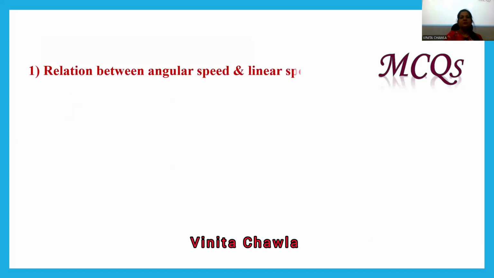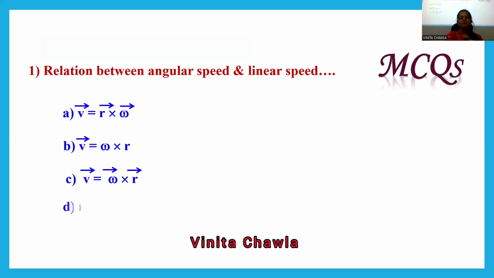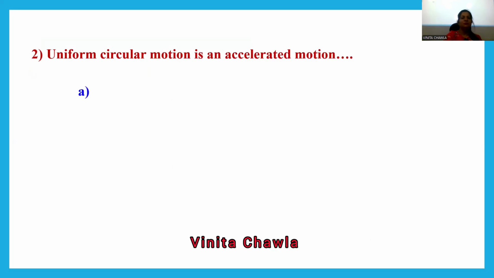Let's do the questions based on this. Relationship between angular speed and linear speed: vector v is equal to vector omega cross vector r. Uniform circular motion is an accelerated motion.